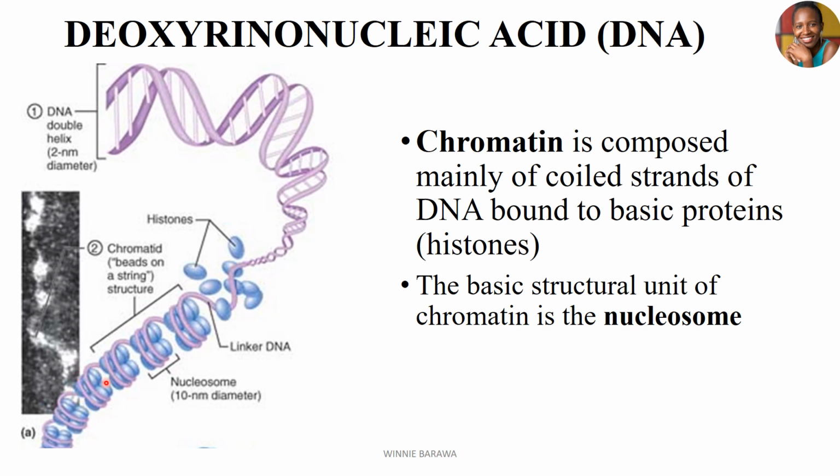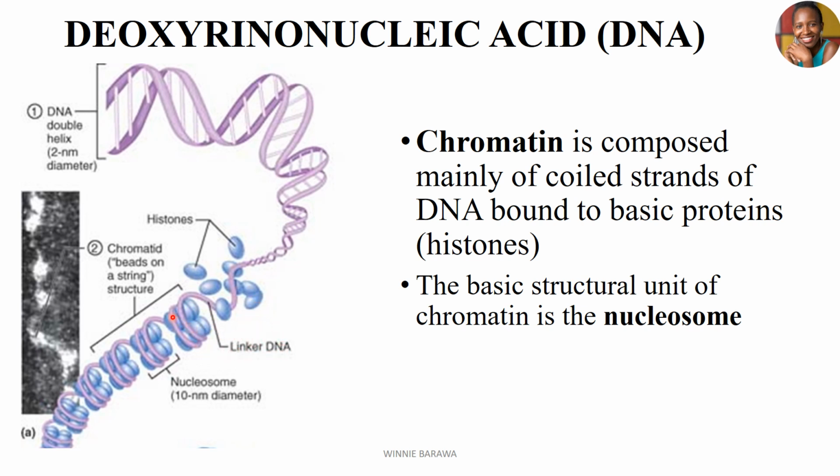So let's look at this. We have our nucleosome here. We have the first nucleosome, second nucleosome, third nucleosome, fourth nucleosome, like that. This nucleosome simply means these are areas where the DNA has coiled around histones. But the nucleosome needs to connect to the next nucleosome, so we normally have the linker DNA.